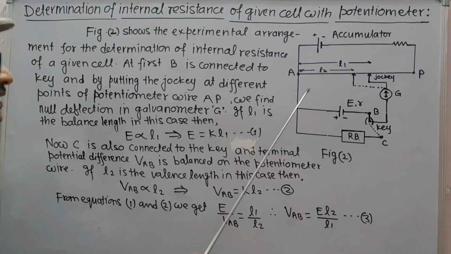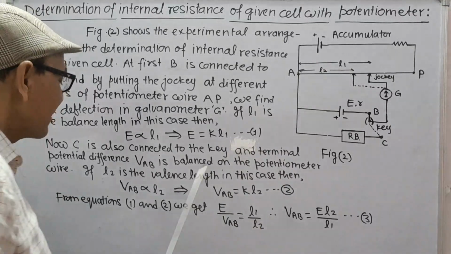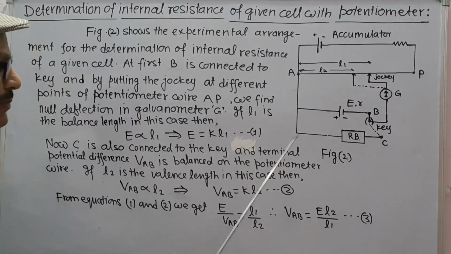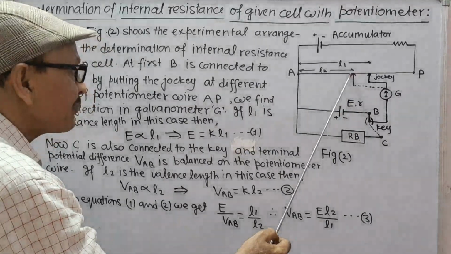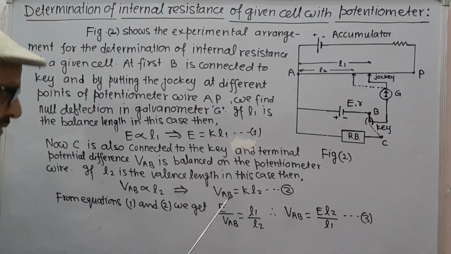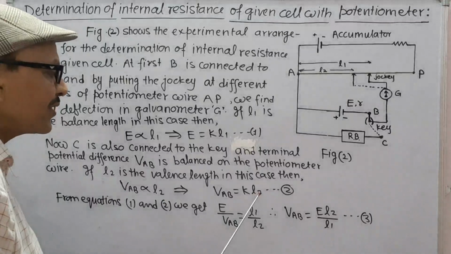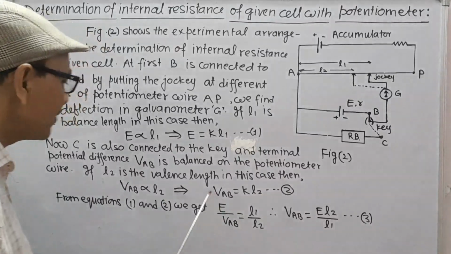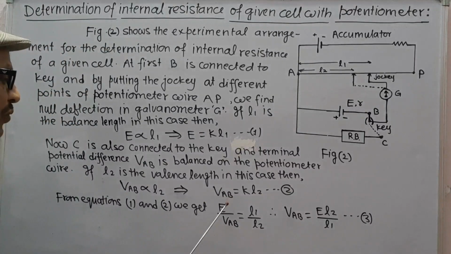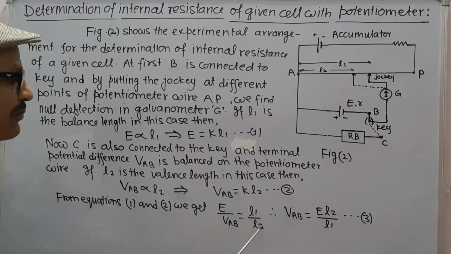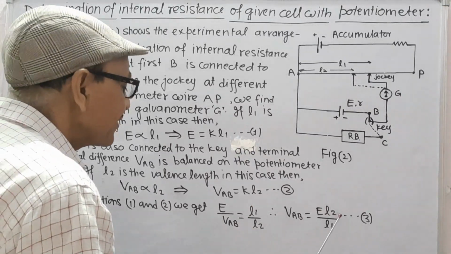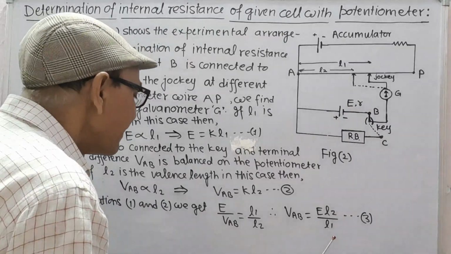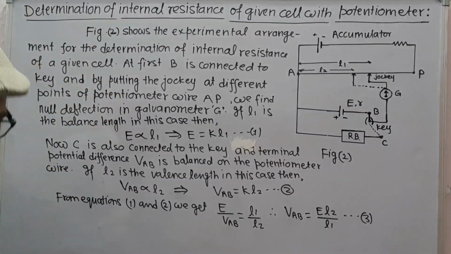If L2 is the balance length in this case, then V_AB is directly proportional to L2, that is V_AB is equal to K into L2, equation 2. Equation 1 upon 2 gives V_AB is equal to E L2 upon L1. Suppose this is equation 3.